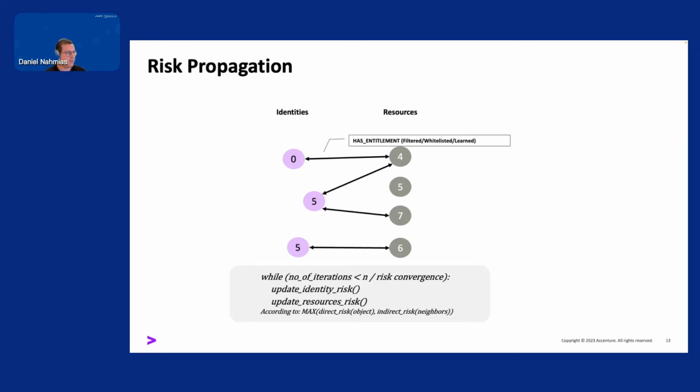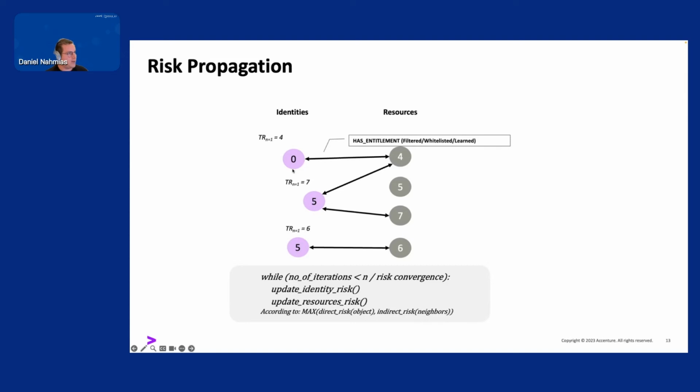And for example, this first identity will have the maximum between 0, its own risk, and the risk associated with its neighbor, which is 4, so it will get the value of 4. This identity will have the maximum between 5, its own risk, and 4 and 7, so it will get the value of 7.